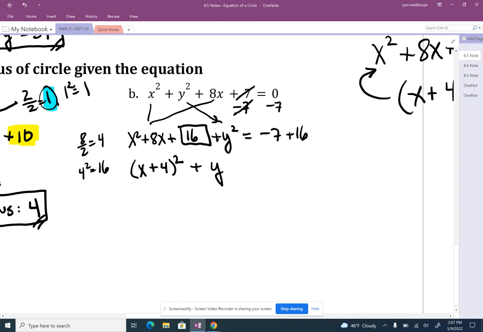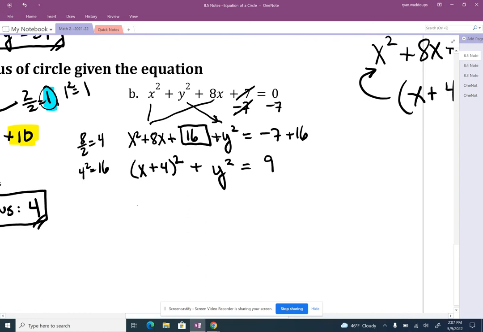Now, because there's nothing with that y squared, I didn't have to complete the square because I could just think of it as y minus 0 squared. But most of the time we don't write y minus 0 squared. We would just write y squared is equal to, and then negative 7 plus 16 is 9.